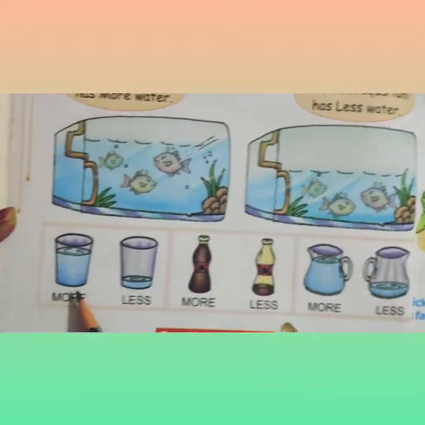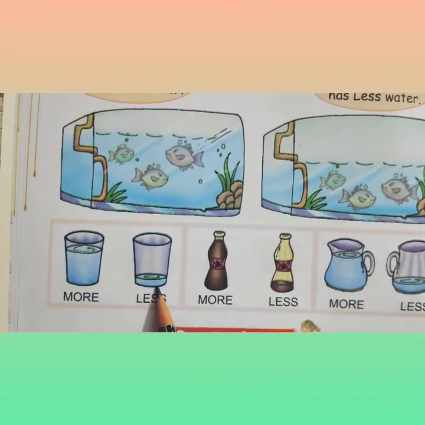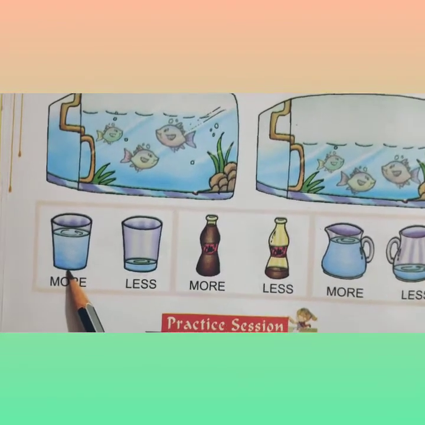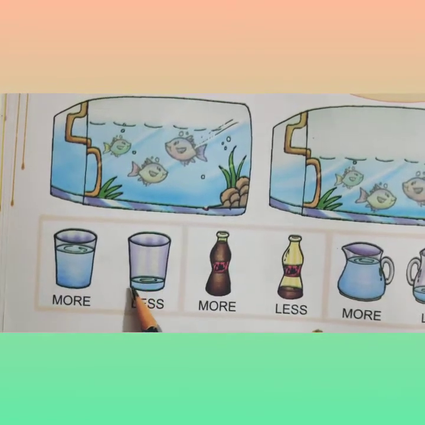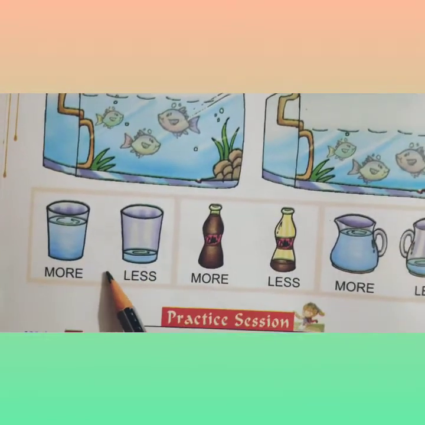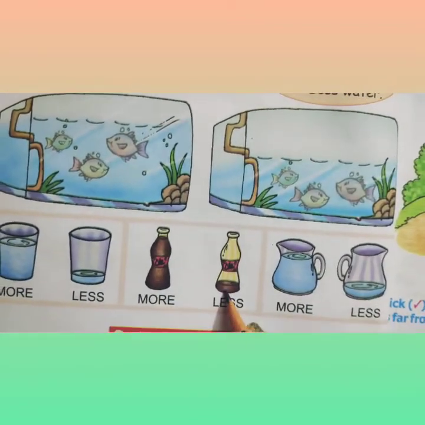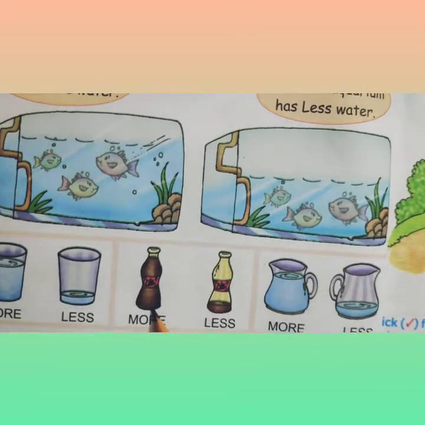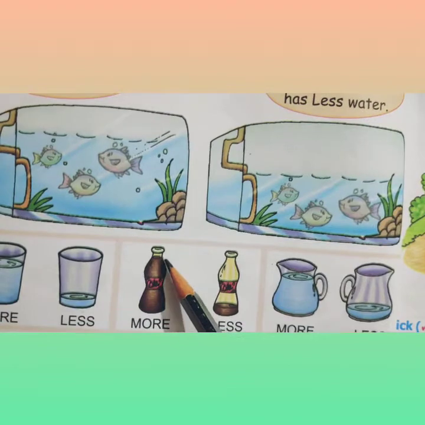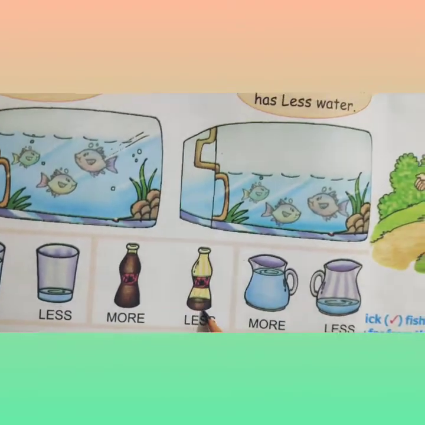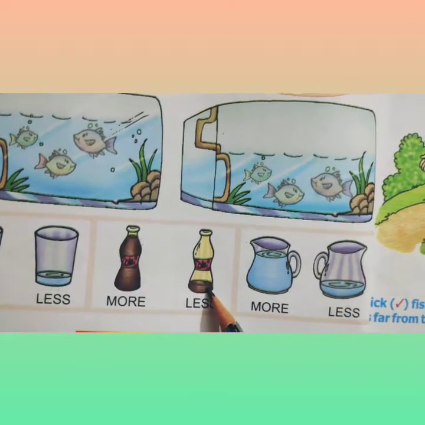So you see in this picture two glasses are given. The first glass is filled with more water and the second glass is filled with less water. Like that, you can see in the next picture two bottles of cold drinks are given. The first bottle is filled with more quantity of cold drink and the second bottle is filled with less quantity of cold drink.